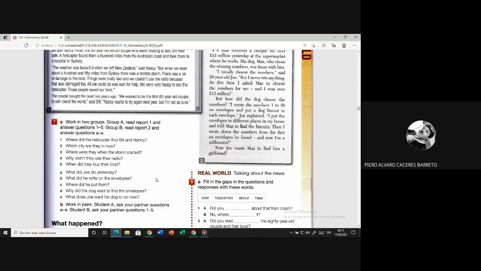They were in Sydney, Australia. Where were they when the storm started? They were 150 miles from Sydney. Why didn't they use their radio?